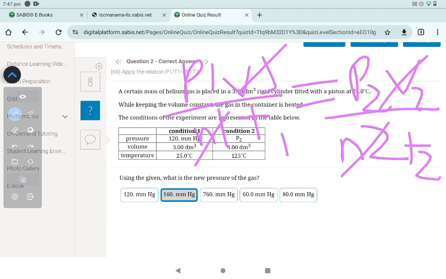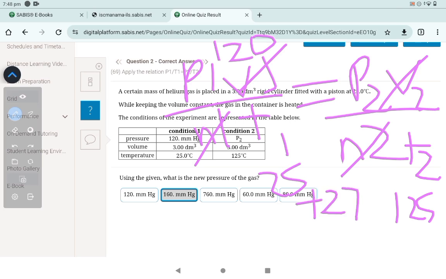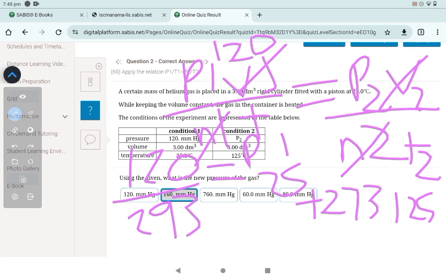P1 is 120, P2 we don't know. Temperature 1 is 25, temperature 2 is 125. Now, this is Celsius, so we always need to change it to Kelvin, and for that, we just add 273. So now we have 120 over 298 is equal to P2 over 125 plus 273, which will give you 398.